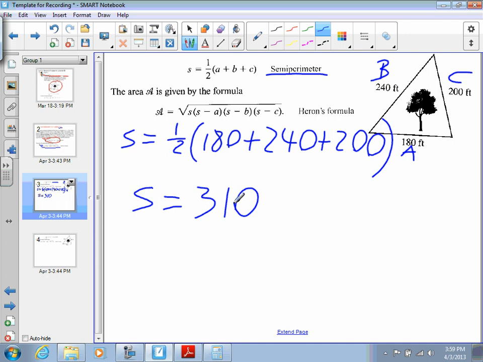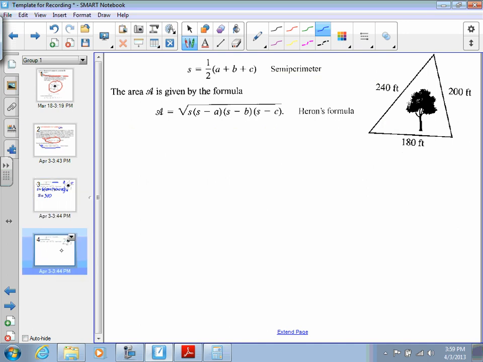And let's go ahead and copy this over to the next page now. So S equals 310. And now I get to plug this into Heron's formula.